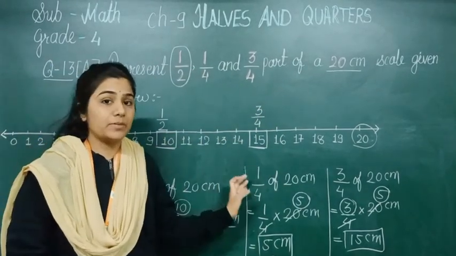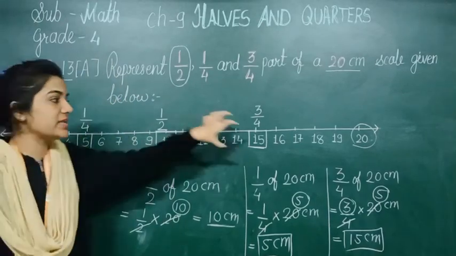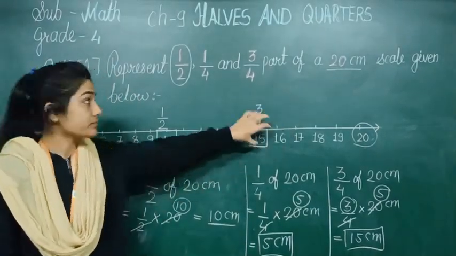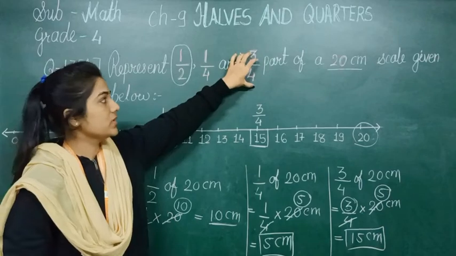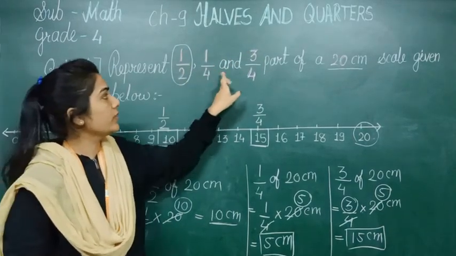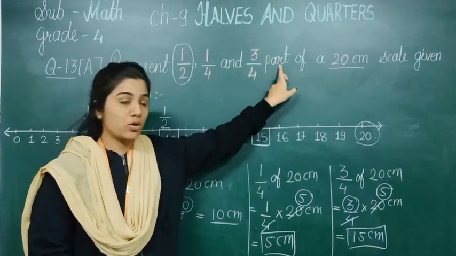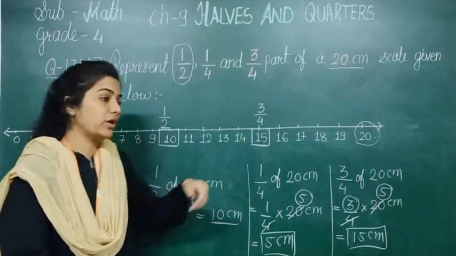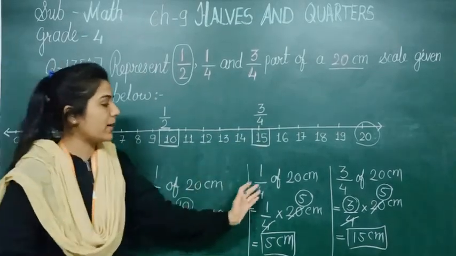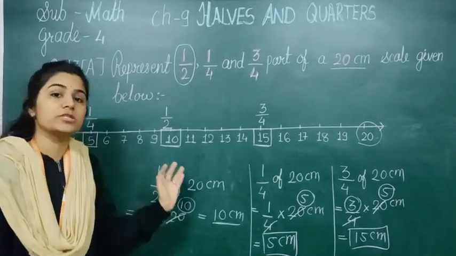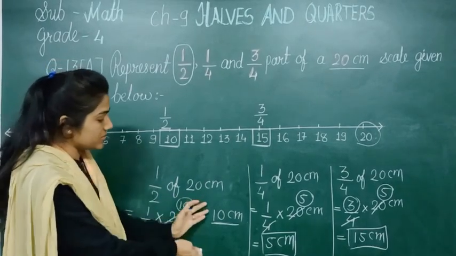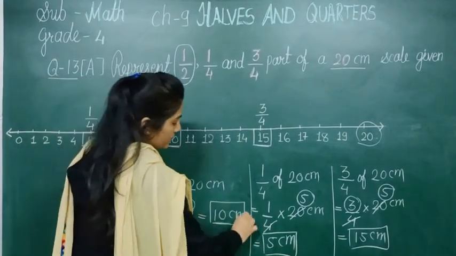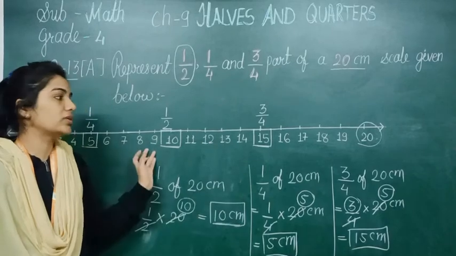Again I am repeating: one scale is given up to 20 centimeters and the fractions are 1 upon 2, 1 upon 4 and 3 upon 4 part of 20 centimeters. What we have done is separately broken down each fraction and found the particular digit which is given on this scale.